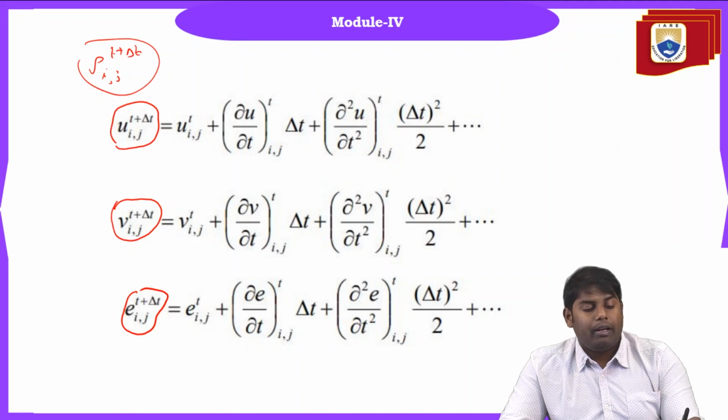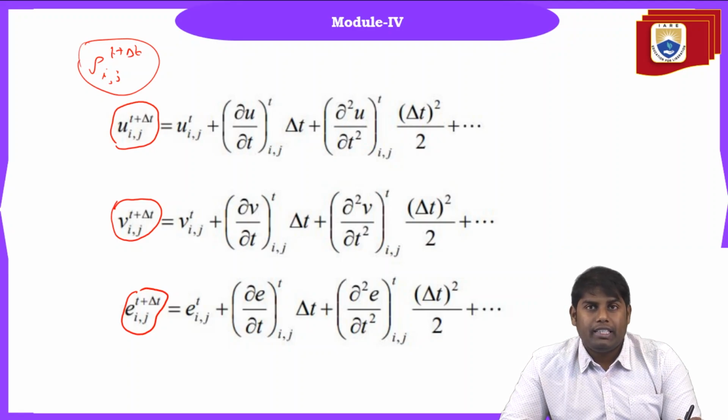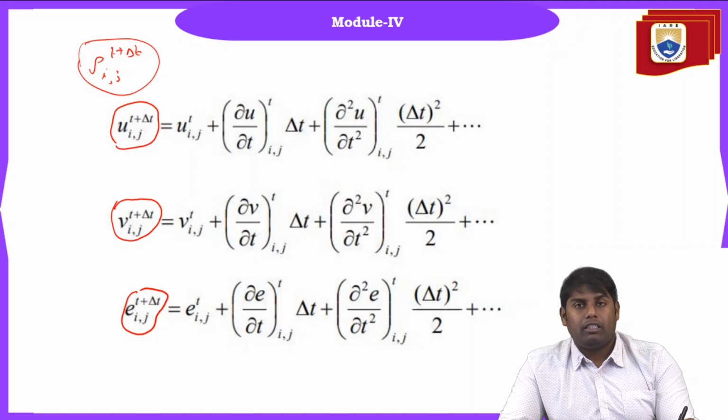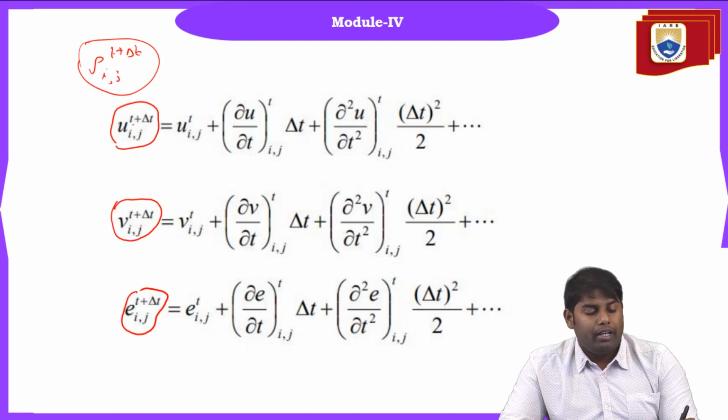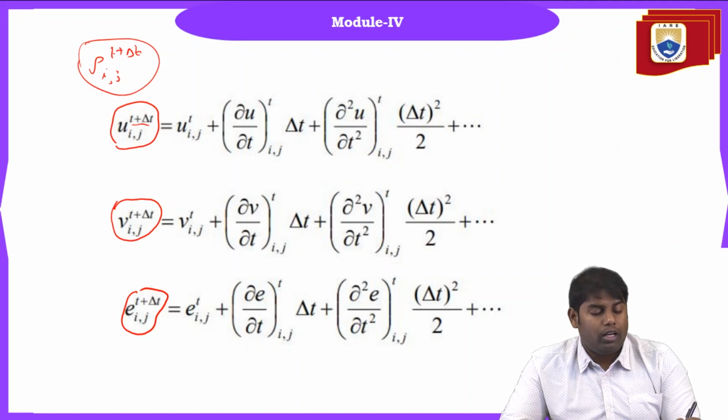So we are repeatedly doing the same task for the other variables. Fine. So here t plus delta t is nothing but our next, or the unknown parameter. The same aspect we have to do for u velocity, v velocity, and internal energy, where indirectly we can say that it is temperature.